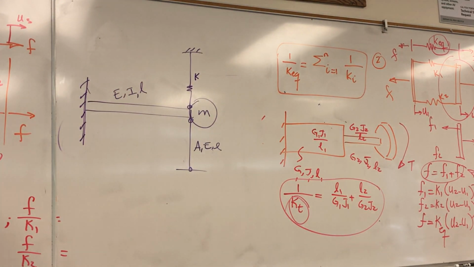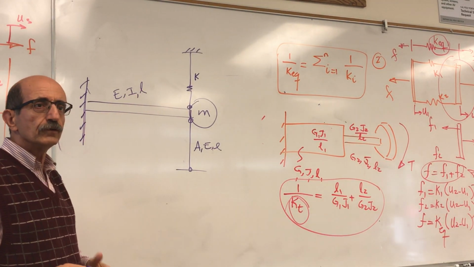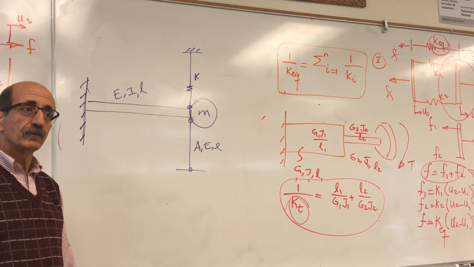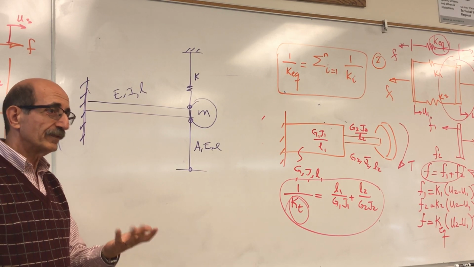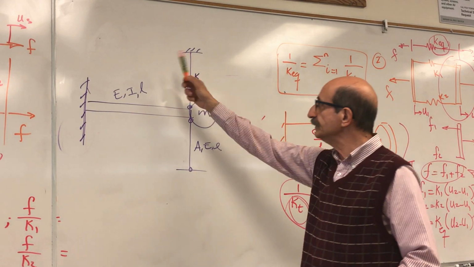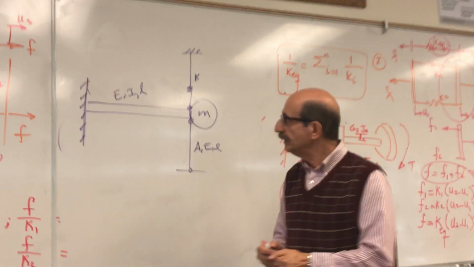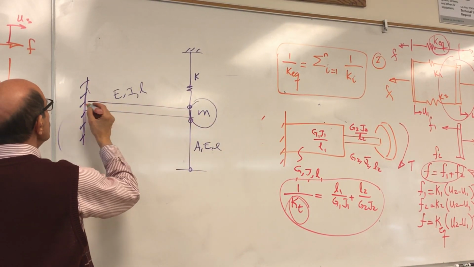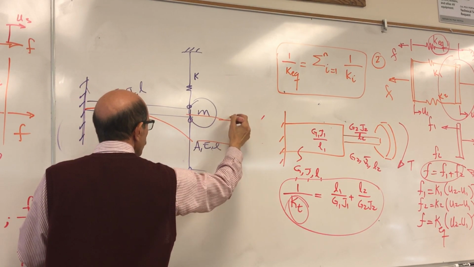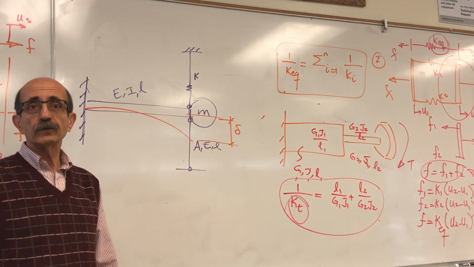If this is moving, are these in series? They're connected to each other like that, right? Why not? Because they have the same displacement. Exactly. You should not let the geometric configuration fool you. Imagine that if this beam goes through a displacement, delta, it is the same displacement that these two also experience.